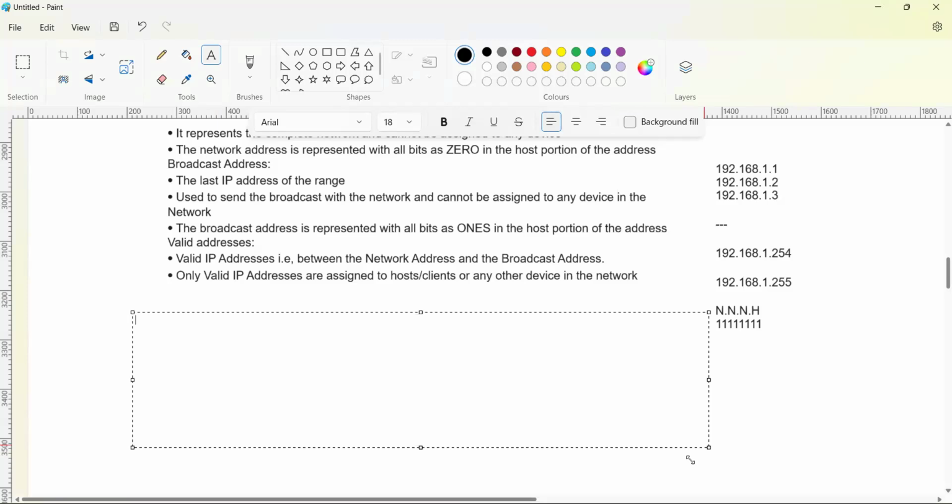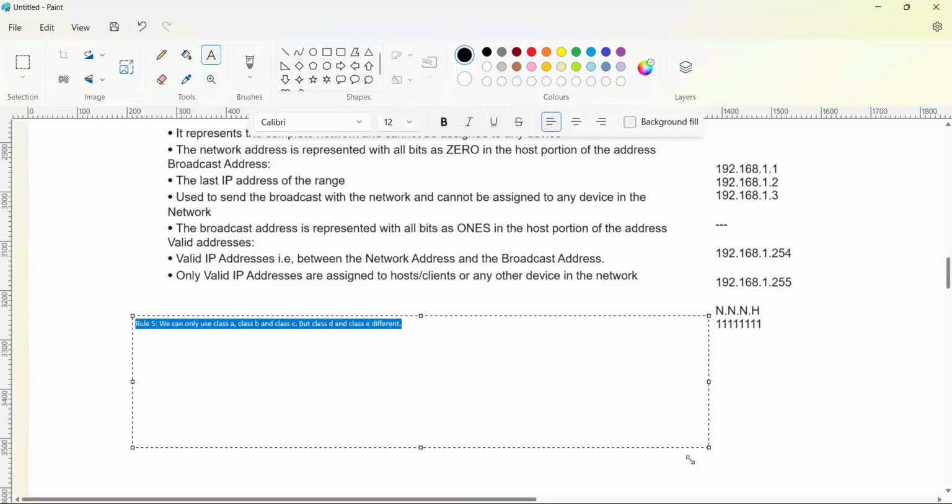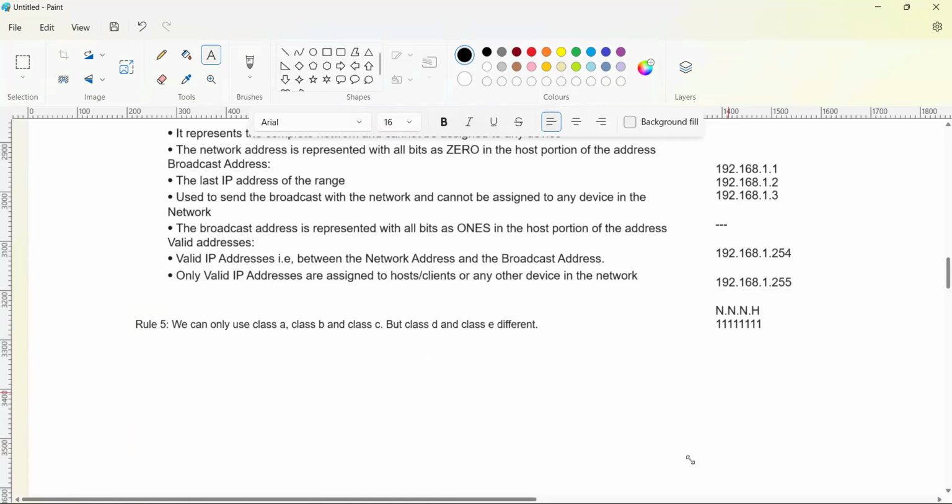Class D and class E are different kinds of IP addresses. We cannot use them, as I mentioned before. And rule 6.